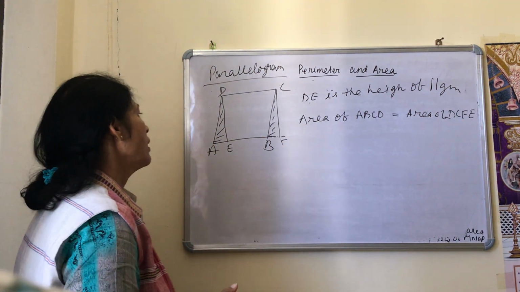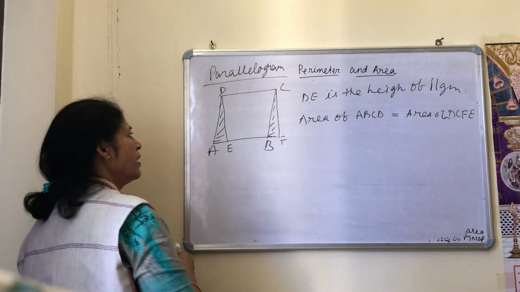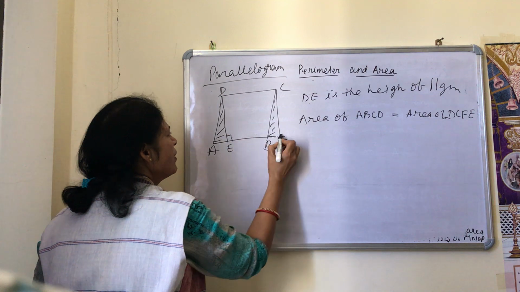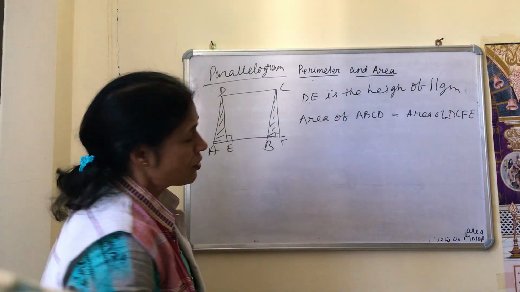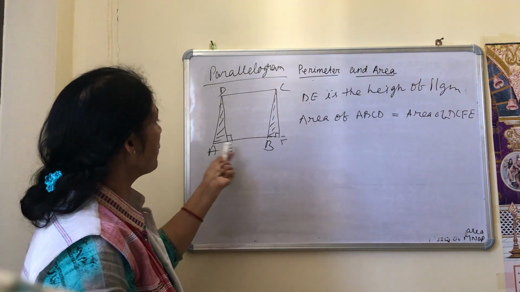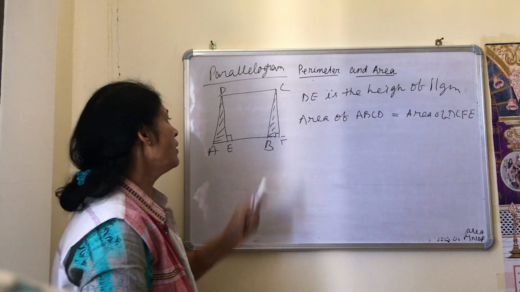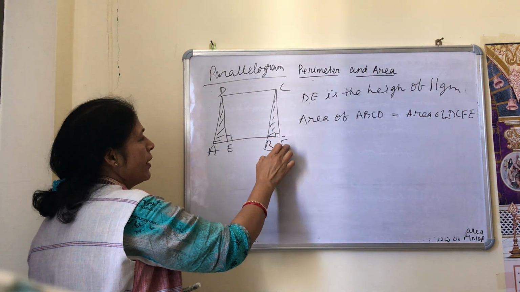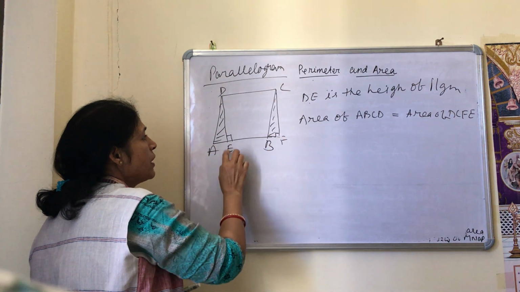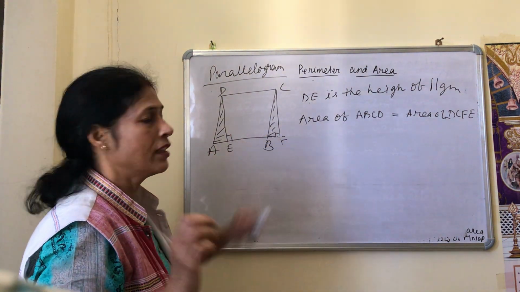After constructing the height DE to AB, DE is perpendicular to AB and CF is also perpendicular to AB. So both are heights, so DCFE is a rectangle because of 90 degrees.